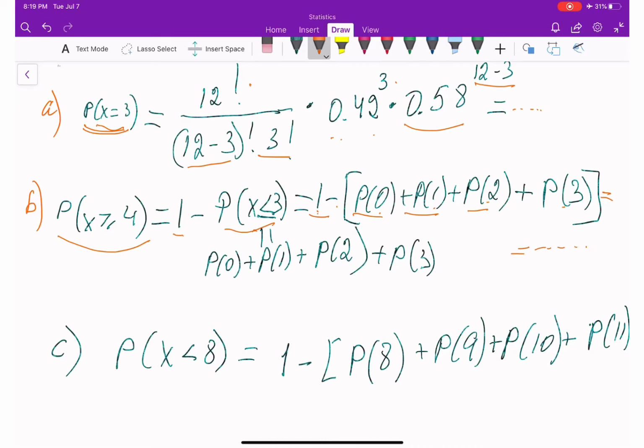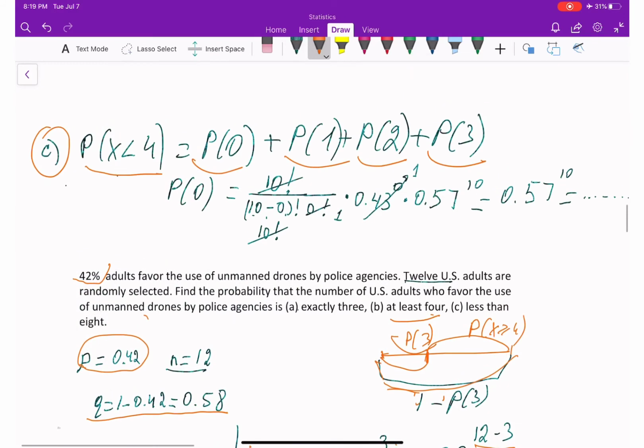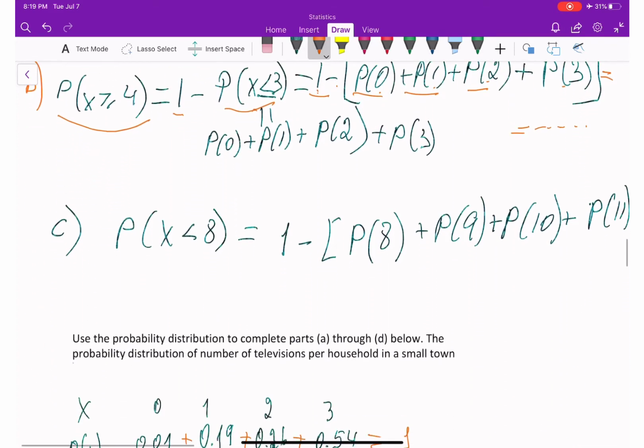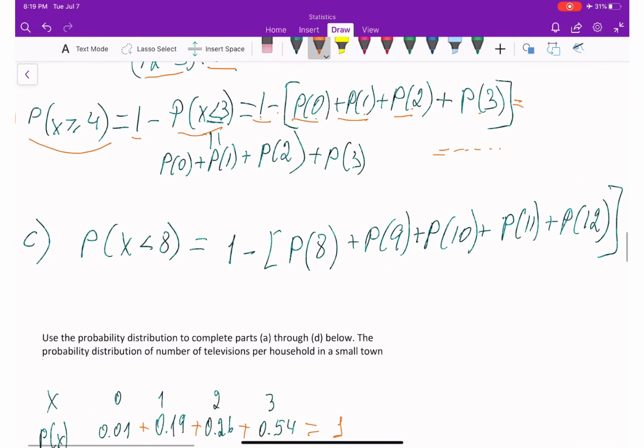All right? And C, less than 8. We need to find C. It's less than 8. Less than 8, what do we have here? So either I can find out the probability of 0, 1, 2, 3, 4, 5, 6, 7, and then add them up.